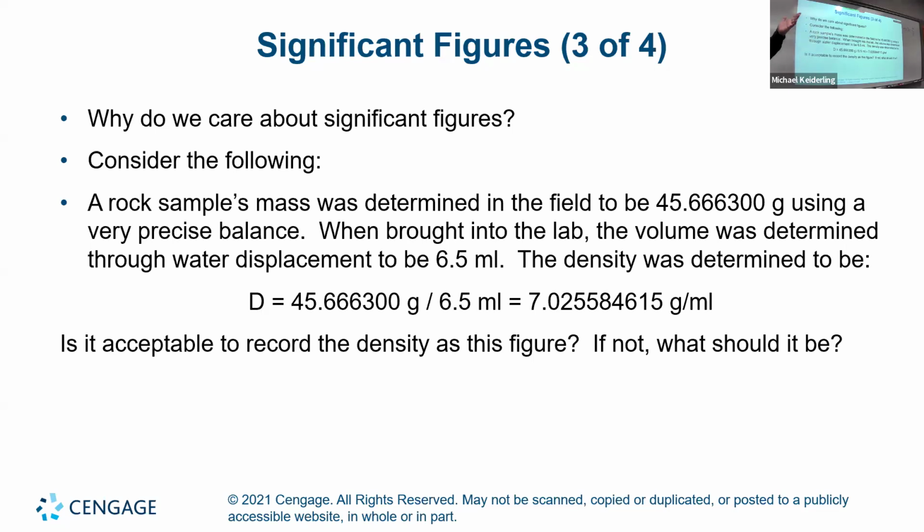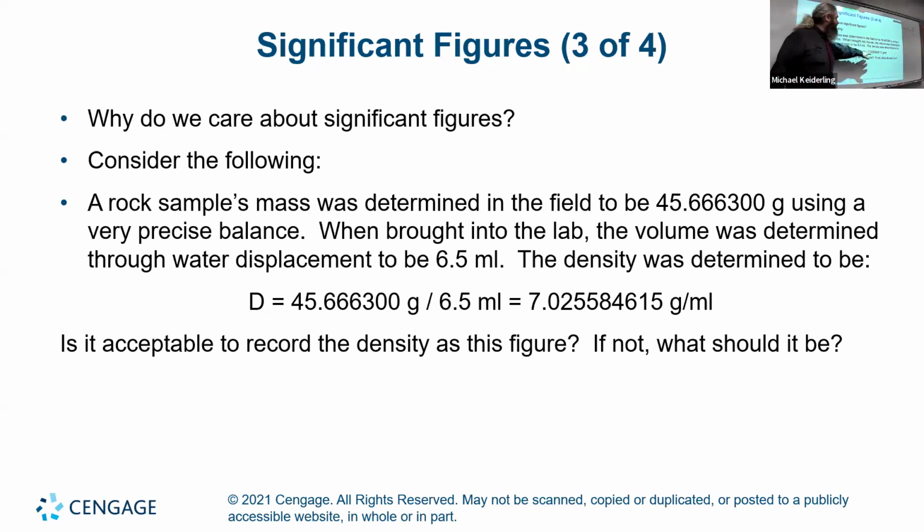The problem here is the disparity between the way we're measuring values. So the density was determined to be 45.666300 grams divided by 6.5 milliliters, giving 7.0255841615 grams per milliliter. Would it be acceptable to record the density as this figure? Or if not, what should you be recording it as?